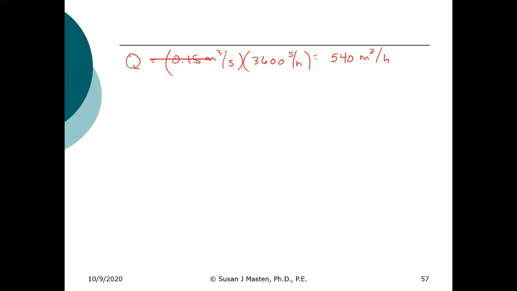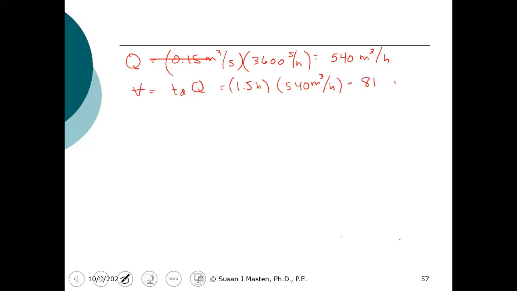You're then asked for the surface area. So let's calculate the volume first. The volume of the tank is equal to my detention time times flow. We said the detention time was 1.5 hours and my flow rate is 540 cubic meters per hour.